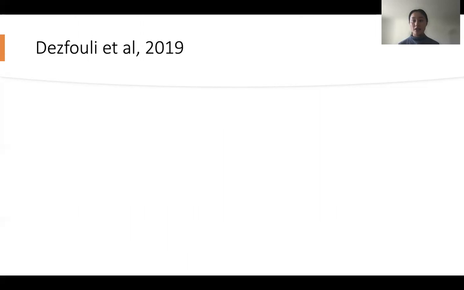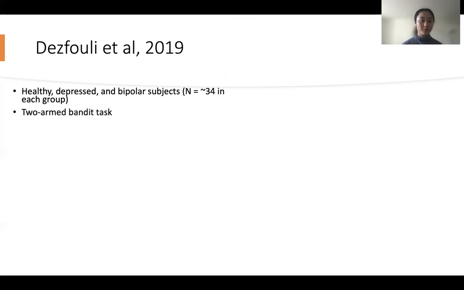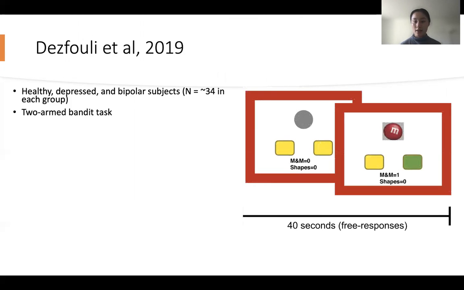The whole project was based on research done by Dezfouli et al. in 2019. In this study, they had healthy, depressed, and bipolar subjects do a two-arm bandit task. In this task, they were asked to pick either left or right.